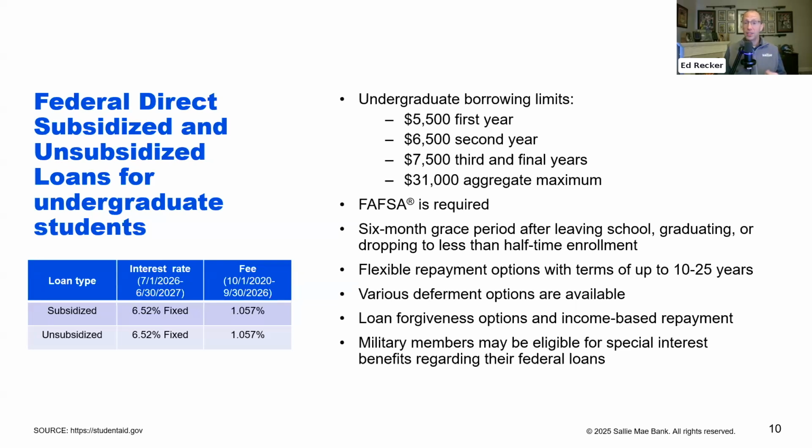For a freshman, it's $5,500, sophomore, $6,500, and then juniors and seniors and above, $7,500. However, once you have borrowed $31,000, you're no longer eligible. That's the maximum you can borrow for an undergraduate degree. Again, we mentioned earlier, FAFSA is required, and the FAFSA is actually the application.